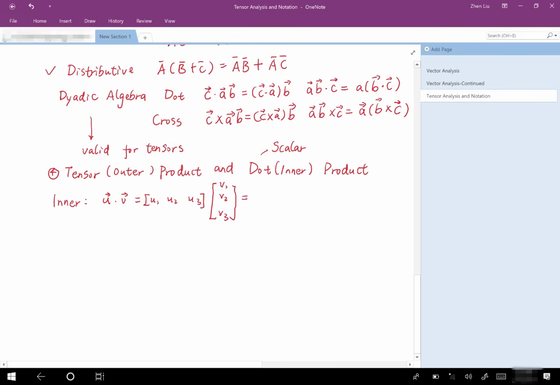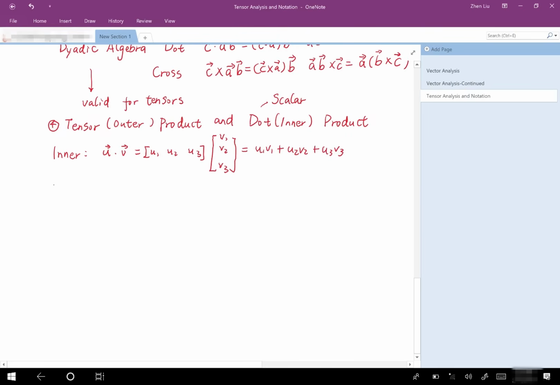We know that the inner product, the dot product between two vectors is a scalar, right? So we will get a scalar, which is U1V1 plus U2V2 plus U3V3.